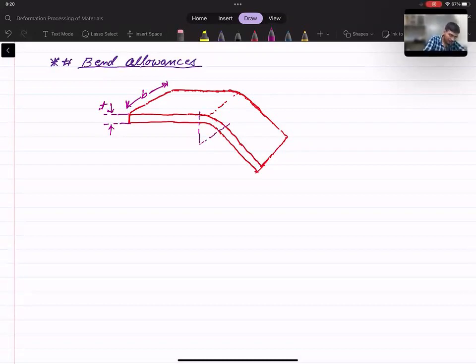Say this is the center line. Let me use some other color.